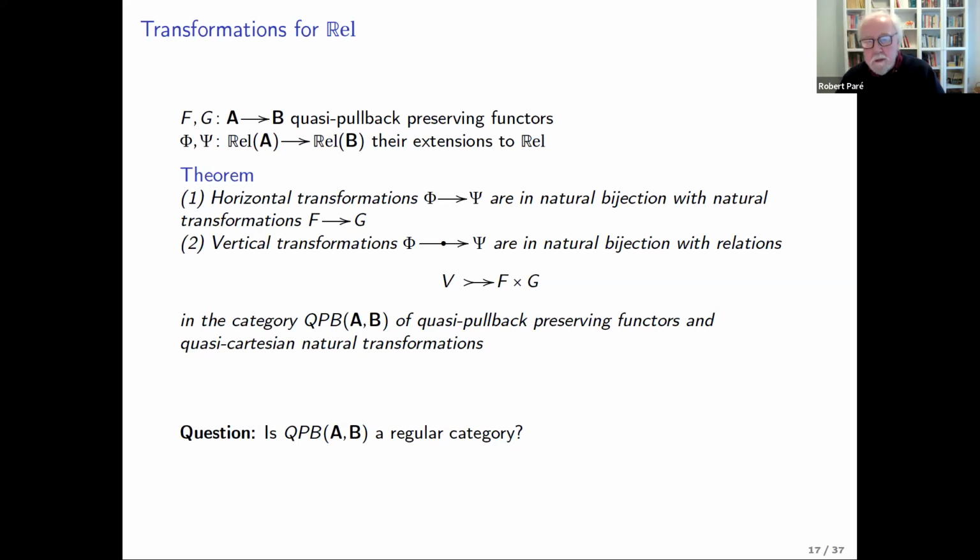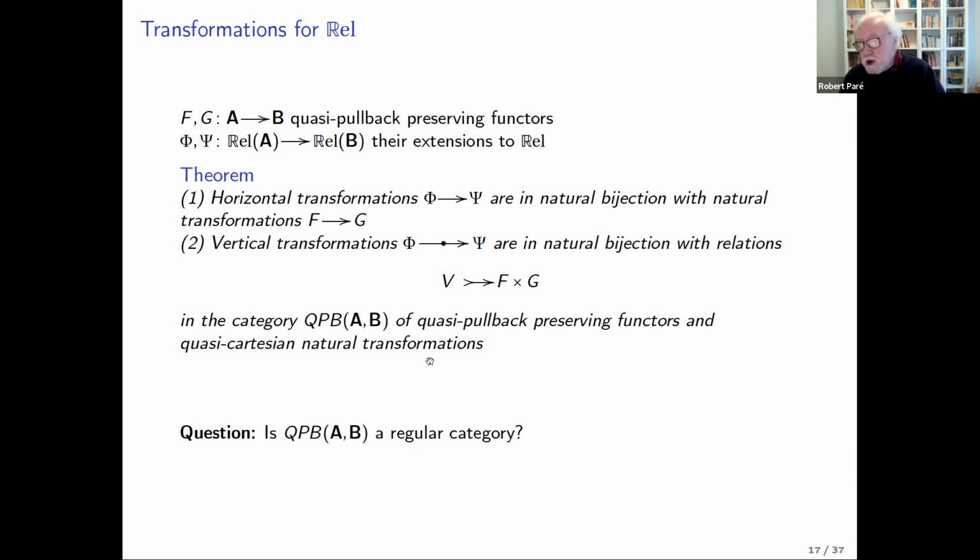Okay, so they correspond bijectively to natural transformations from F to G. But the vertical transformations are a little bit different. They're relations. So it's a subfunctor of F cross G. But in this category here of quasi-pullback preserving functors and quasi-Cartesian natural transformations.